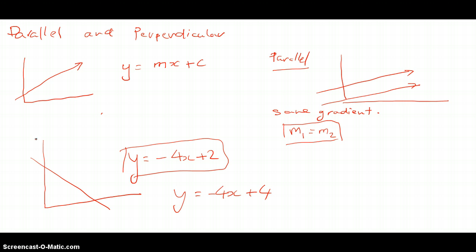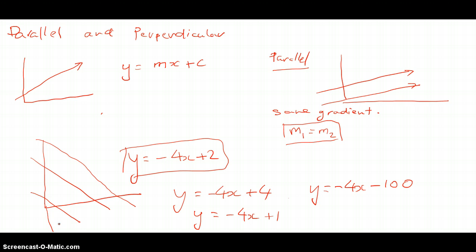Okay, and that would hit somewhere up here, and that would have the same gradient. Or, for example, y is equal to minus 4x plus 1, which would fall somewhere around here. Or if you want to extend this to the negative axis, it could be as simple as saying y is equal to minus 4x minus 100.